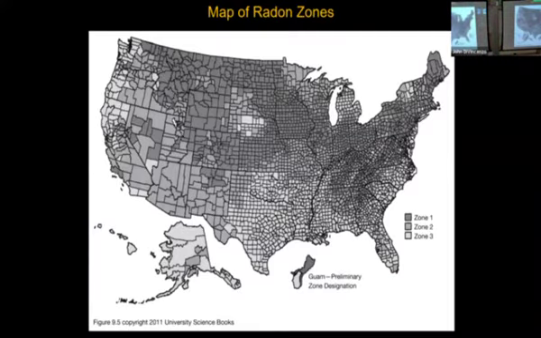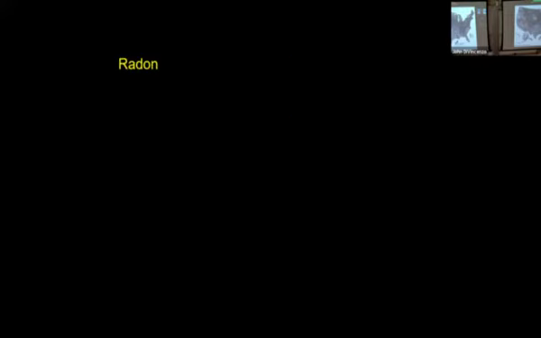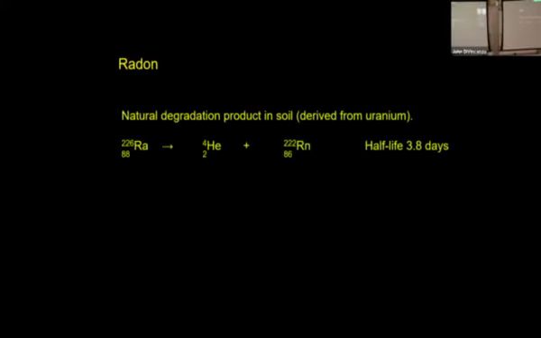These are maps of radon zones. You can see Tennessee has a few hot regions. I forget what the zones mean. I know the darker one is worse. Let's see if I have another figure. No, I guess I don't.